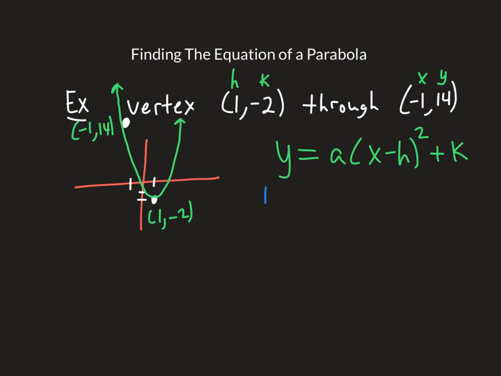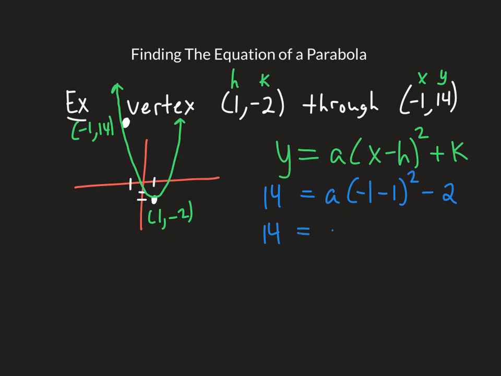So the y coordinate is 14, a is unknown. The x is negative 1 minus h, which is 1, squared, plus k, so plus negative 2, or minus 2. So all I did was plug in the h and the k, and I plugged in the x and the y, and now we're going to do some work here.